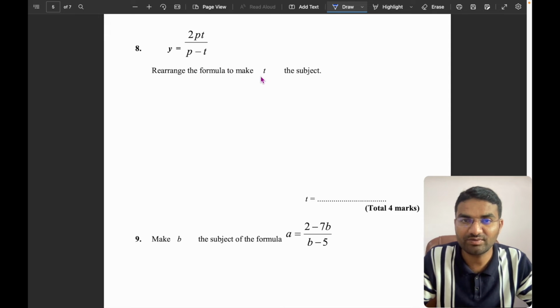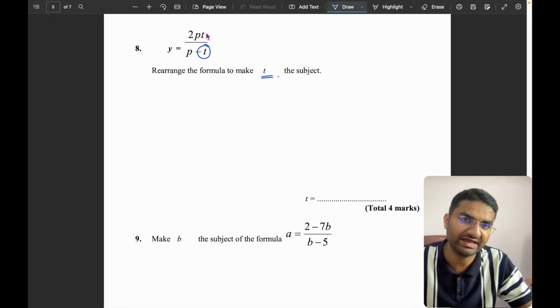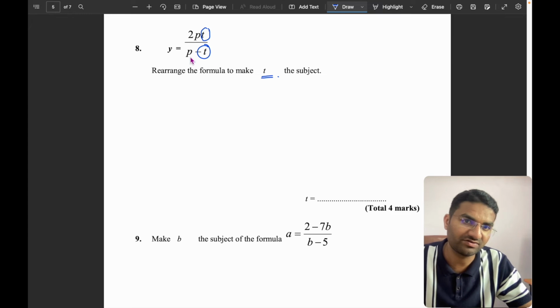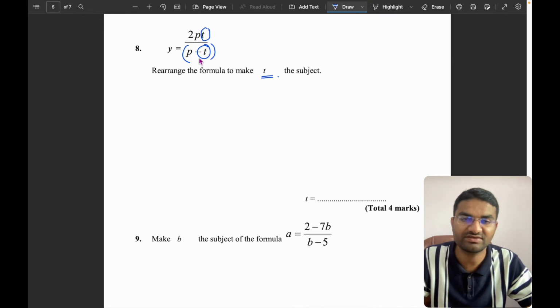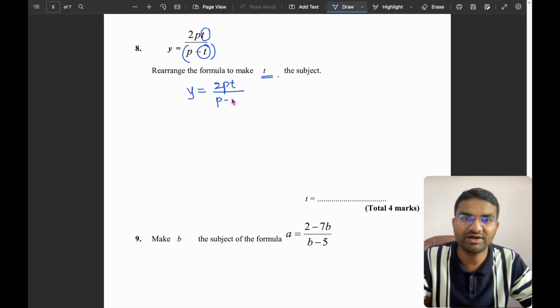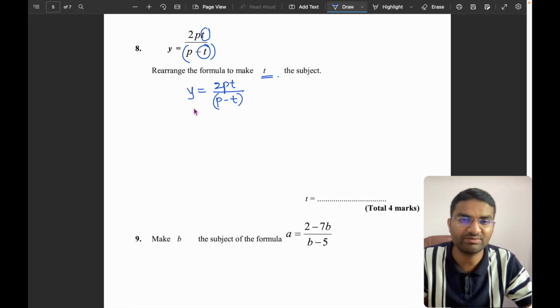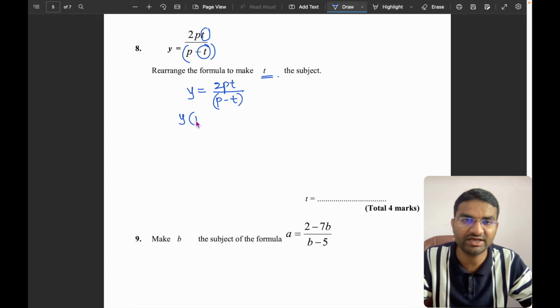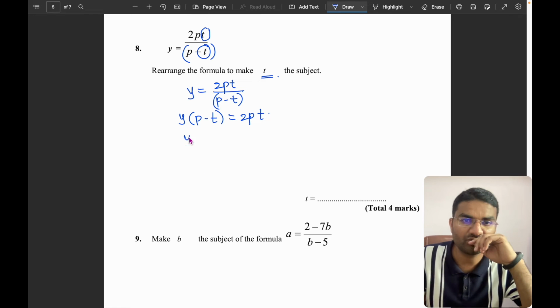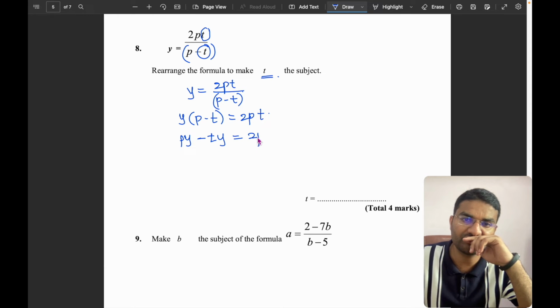Okay, then next, rearrange the formula to make t the subject. So you have t here, and in the numerator as well as the denominator you have a t. So firstly transfer this p minus t to the left hand side. Okay, so y is equal to 2pt over p minus t. Transfer this to the left hand side and multiply y into the bracket: y times p minus t is equal to 2pt. Then py minus ty is equal to 2pt.